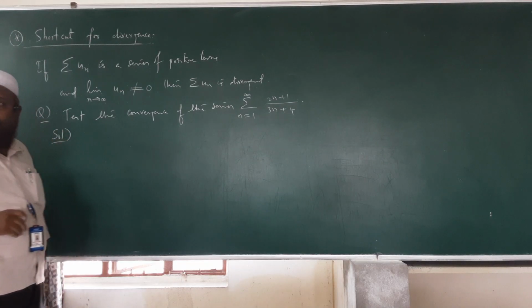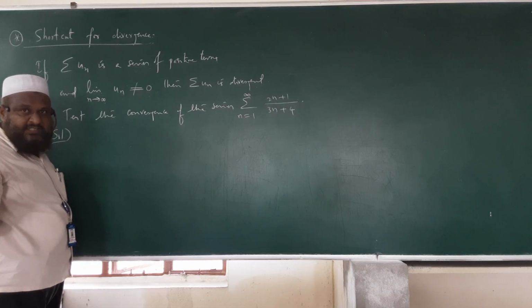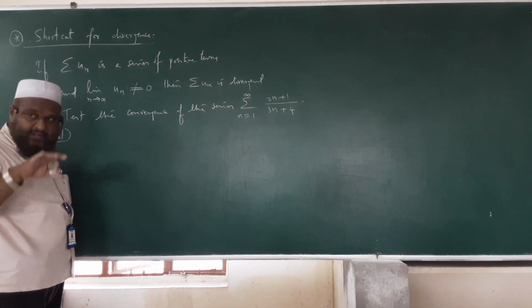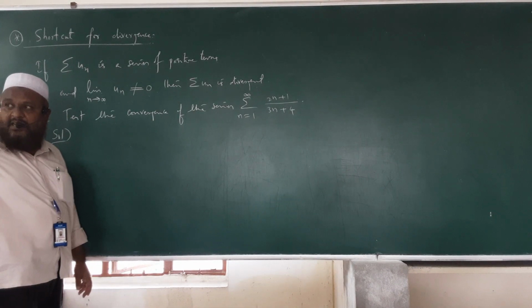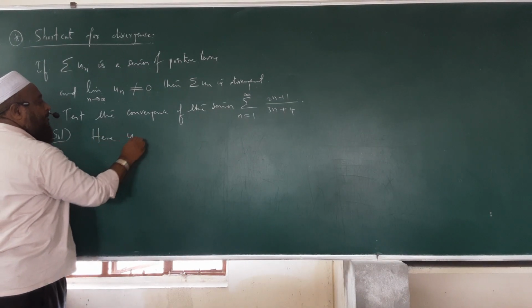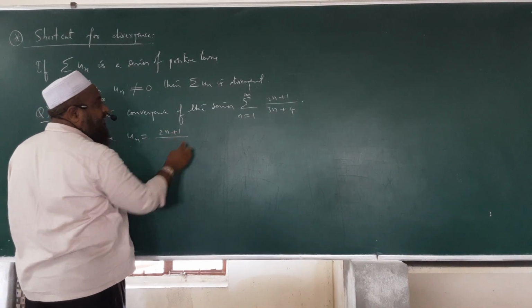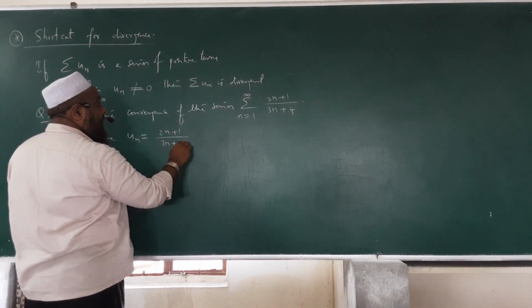Solution. No need of applying the limit comparison test. If you apply it, the answer will come, but it will be unnecessarily lengthy. So just simply, here what is un? Here un is equal to 2n plus 1 divided by 3n plus 4.